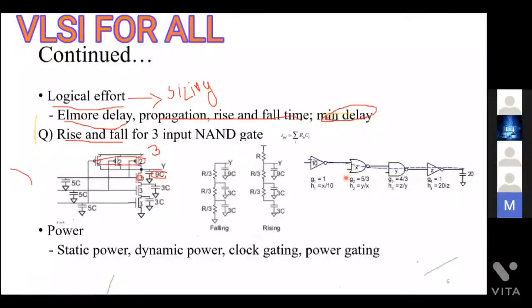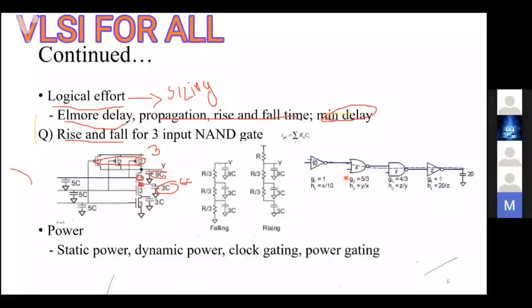So it is 9C. Here it would be 6C in a normal way, but because of advancements in the layout, this acts as a shared point. The upper transistor and the lower transistor are both acting at the shared point, and hence it will be 3C instead of 6C. This is the advancement in the layout.